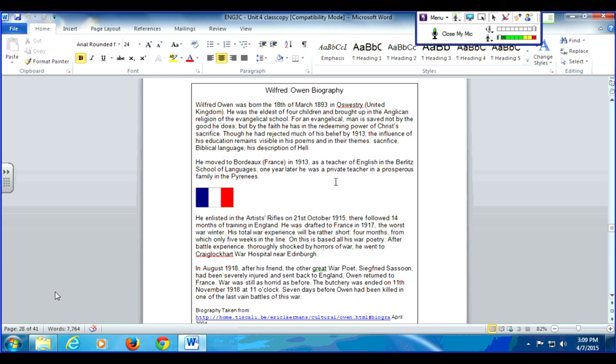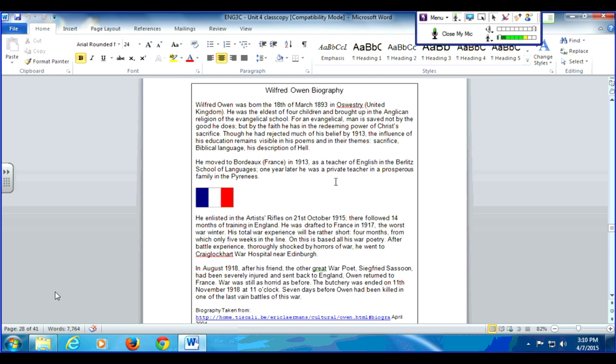Although he rejected much of this belief by 1913, its influence remains visible in his poems and their themes, based on his education. Those themes are such as sacrifice, biblical language, and his description of hell.